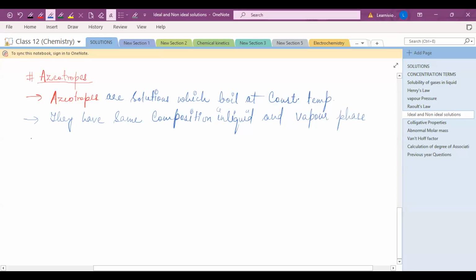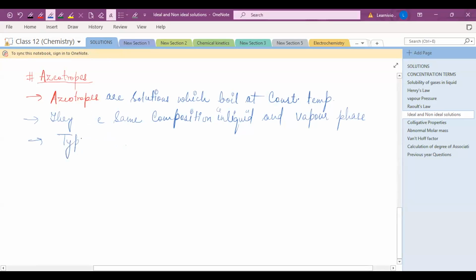And the components, the miscible liquids. Simply write that there are two types of azeotropic solution.